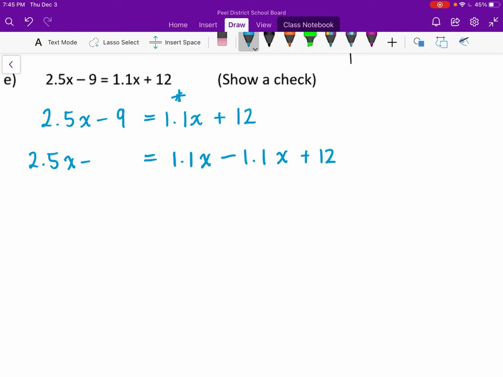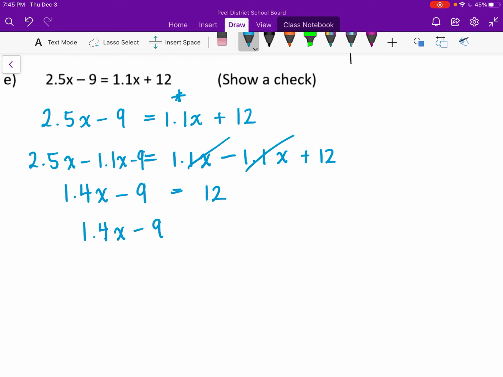So you're going to do 1.1x minus 9, right? So I'm going to do 2.5 minus 1.1. And that's going to give me 1.4x minus 9 equals positive 12.